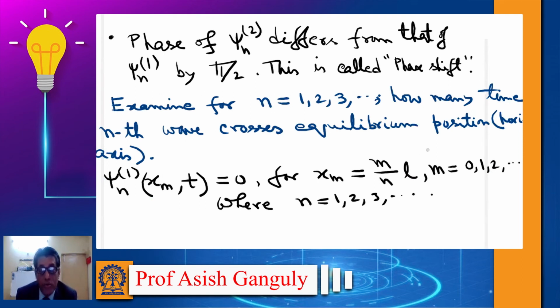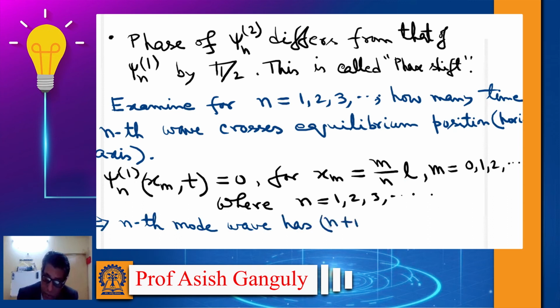So there are only n plus 1 allowed values. So we can say the nth mode wave has n plus 1 nodes. Node means the point at which the solution crosses the x-axis.